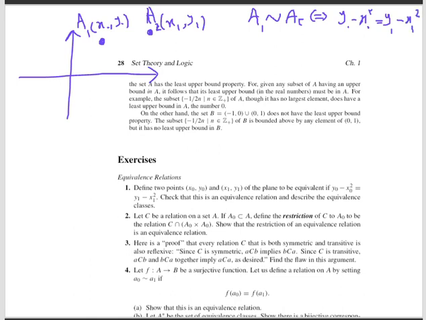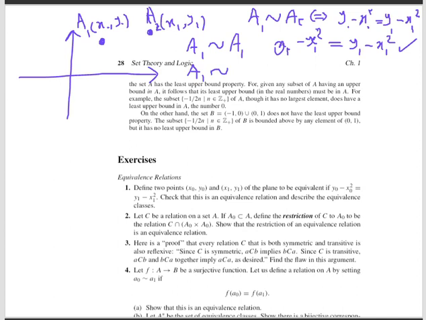First of all, every point R1 has a relation with R1, because y1 minus x1 squared is equal to y1 minus x1 squared.